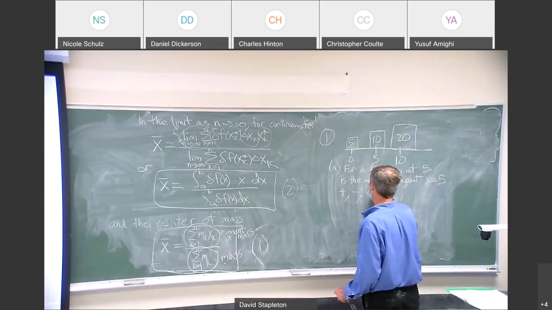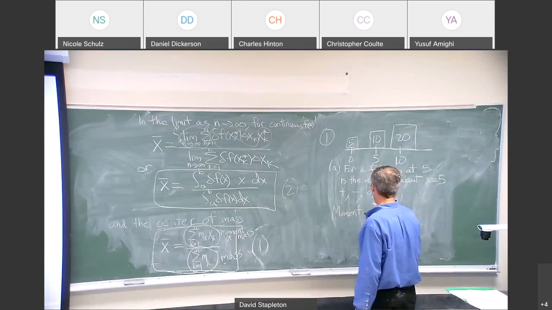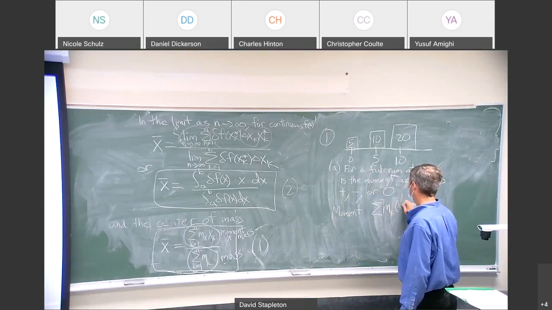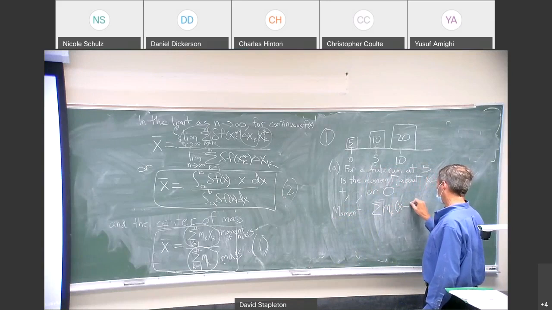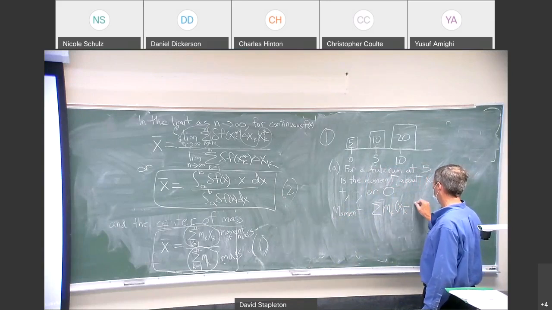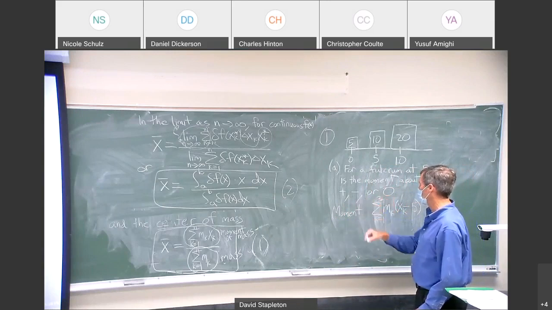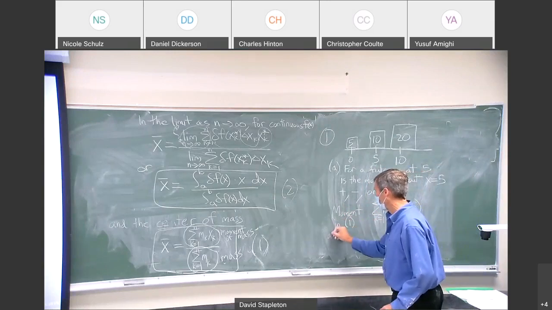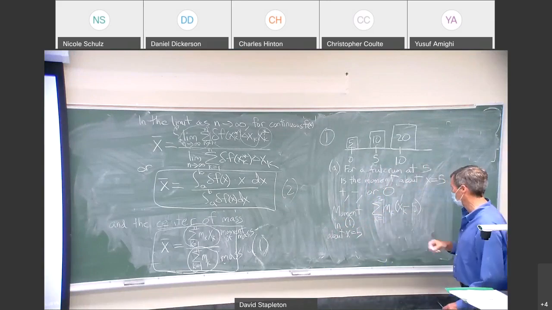Positive, negative, or 0. Well, we'll say for that, the moment of mass is the same formula you have there, except with x replaced by x minus 5. Let's sum mk times xk minus 5, k equals 1 to 3. That's the top of the moment in 1 about x equals 5 this time instead of about x equals 0. Just have to put x minus 5 instead of x.